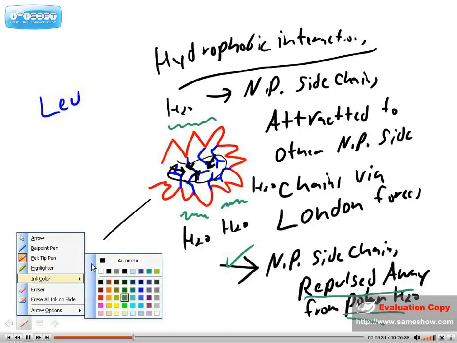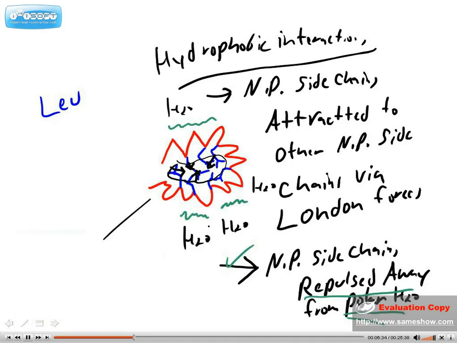There's also another effect, which we'll get into in a bit, called the hydrophobic effect. This is where water doesn't want to be around those nonpolar side chains, so much so that it actually pushes the nonpolar portion away from itself.